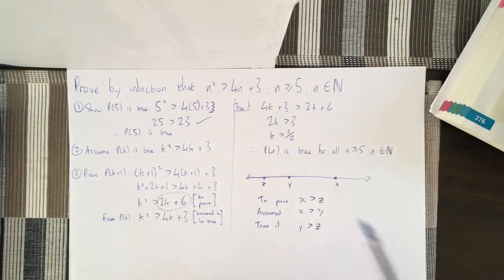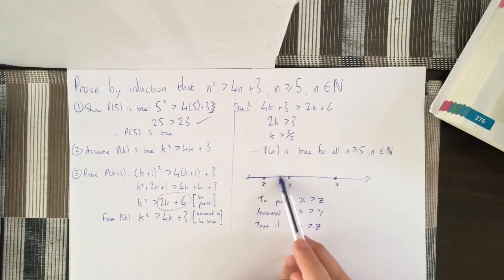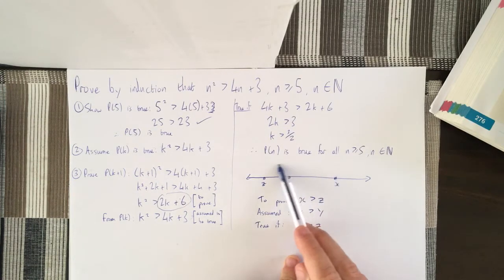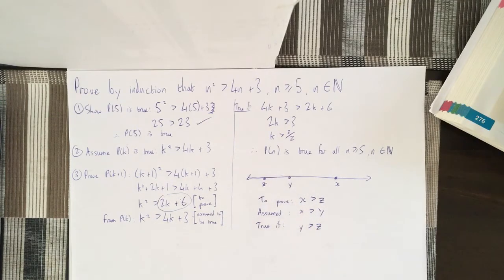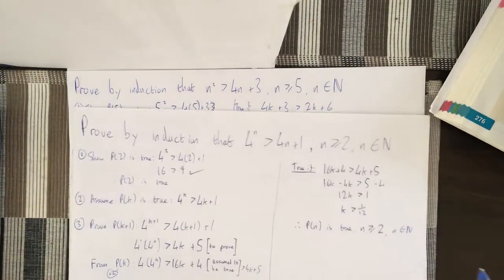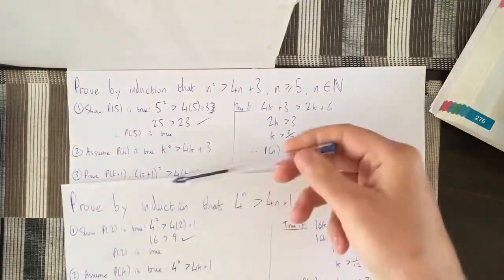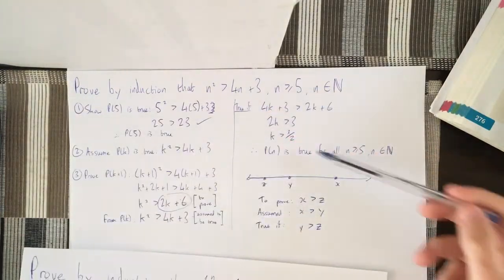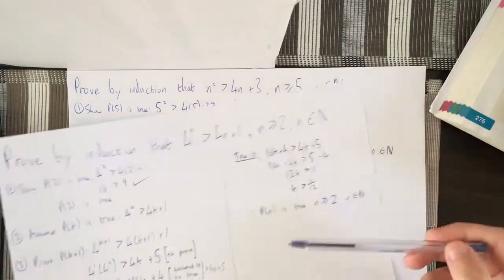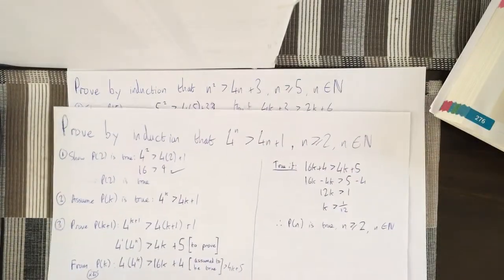But if you can show this, you are bridging this gap we need to prove this overall thing. Okay, it is a little bit tricky to get your head around, I would say that, but hopefully that helps you. The first few examples I'm going to give you in the book are very like this example and this example here, and you will see there is quite a lot of similarities between them. I could have done this logical explanation on this one as well. It will be pretty much the same for that.